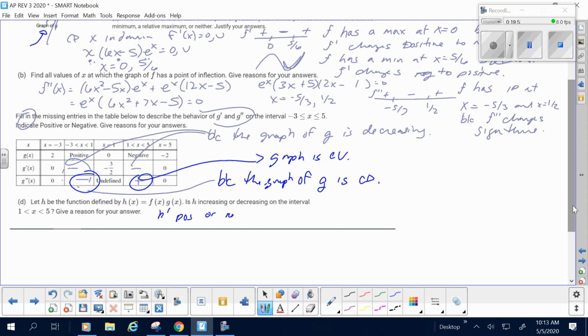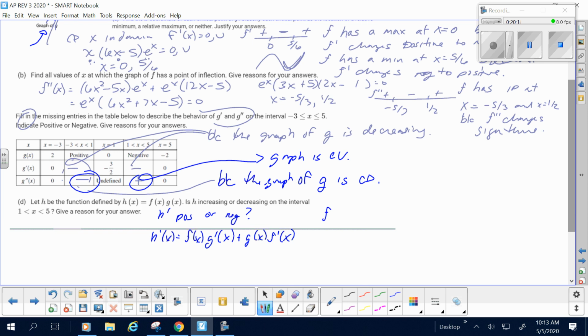That's really the question. So let's start by finding H prime. H prime of x is first stays the same, derivative of the second, plus second stays the same, derivative of the first, product rule. And now I need to figure out the sign of all these things.